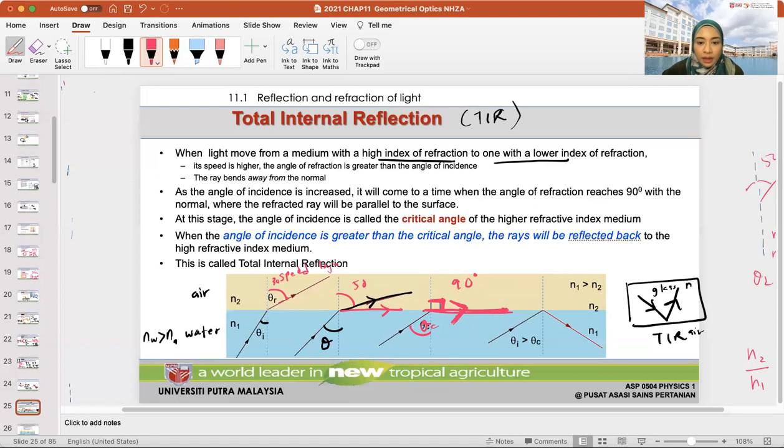And when your angle is greater than your critical angle, let's say I increase this angle further to become greater than the critical angle, now instead of refracting, it will be reflected. This is total internal reflection. It happens when you shine light at an angle greater than the critical angle.